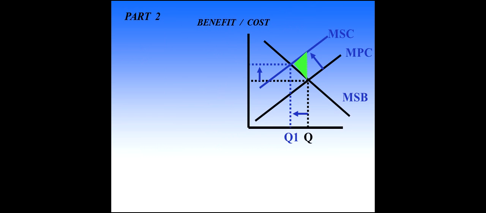So how can we get to the optimum level of output and eliminate the dead weight costs that we've illustrated here? Well, we started this example talking about how to use taxation possibly to eliminate the negative externality that we see.